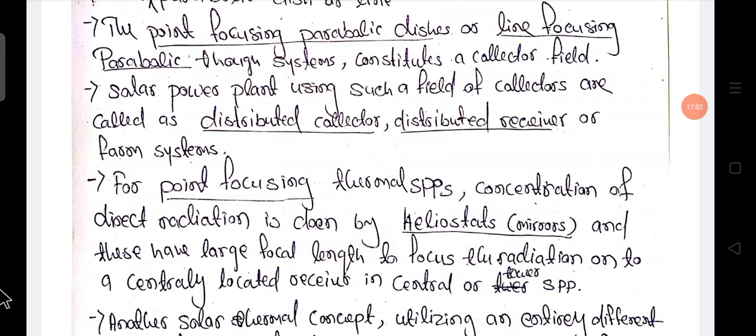For point focusing solar thermal power plants, concentration of direct radiation is done by heliostats, and these have large focus length to focus the radiation onto the centrally located receiver in the central tower solar power plant.